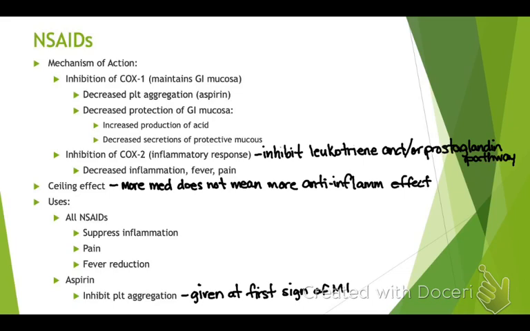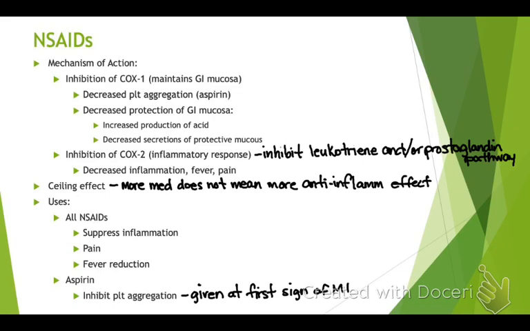It also will decrease the protection of the GI mucosa. So you will then have an increased production of acid in the GI tract, which will then decrease the secretions of protective mucus. So taking too many NSAIDs will lead to GI upset, basically.